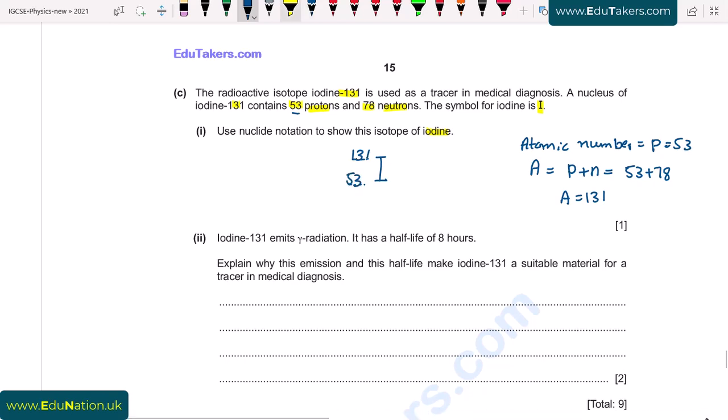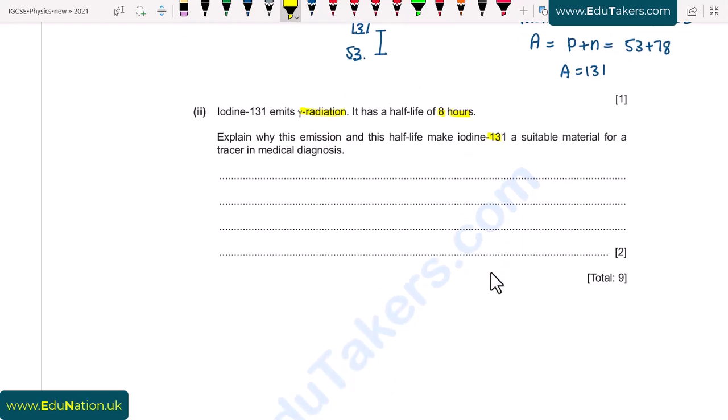Part 2. Iodine-131 emits gamma radiations. It has a half-life of 8 hours. Explain why this emission and this half-life make iodine-131 a suitable material for a tracer in medical diagnosis. So its half-life is given, that is 8 hours, and it is a very useful material for a tracer in medical diagnosis.